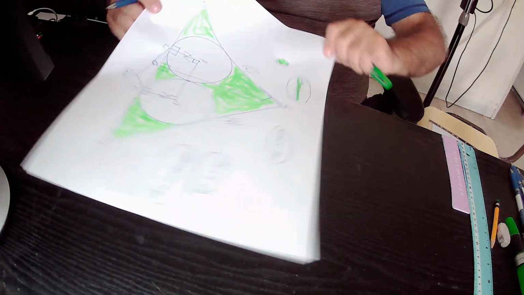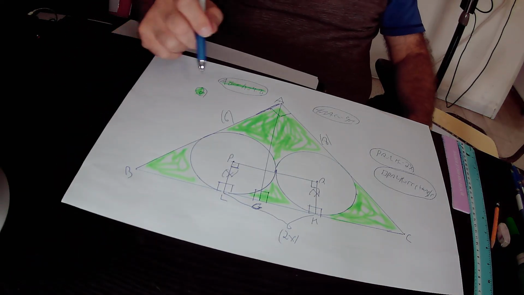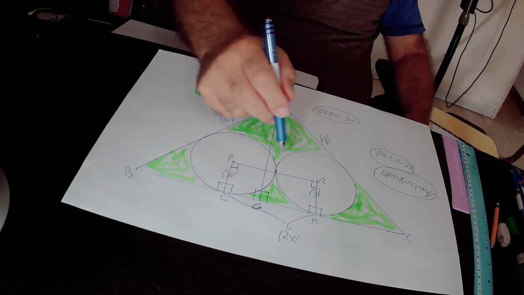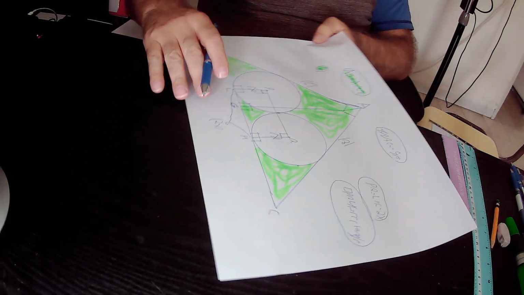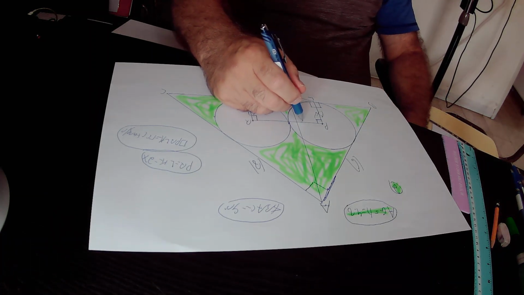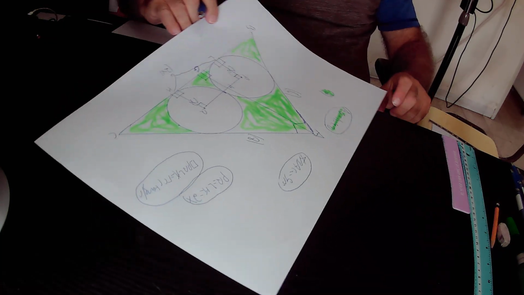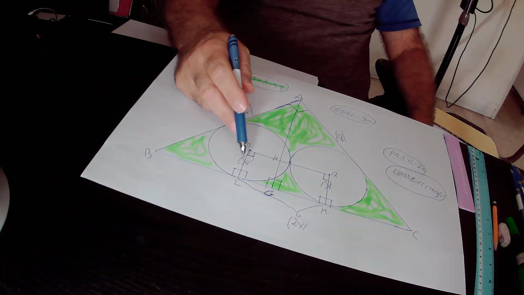So by doing this construction, but before that we define the intersection point between the height AG and PQ. This point is point H. So by doing this construction, we created the small quadrangle PHLG.